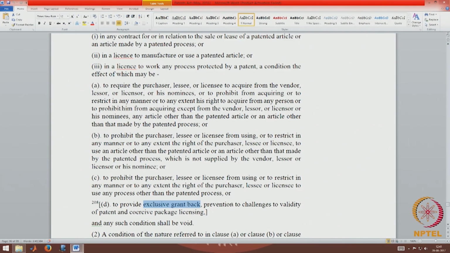The reason being, what is non-patented is not protected, and a person is free to use it if the person gets it through a legitimate channel. Unless it is confidential information or a trade secret, if the technology is non-patented, anybody else should be free to use it. So, when a patentee combines patented and non-patented products in one agreement and forces the licensee to take it, that condition, called coercive package licensing by the Act, will be void.